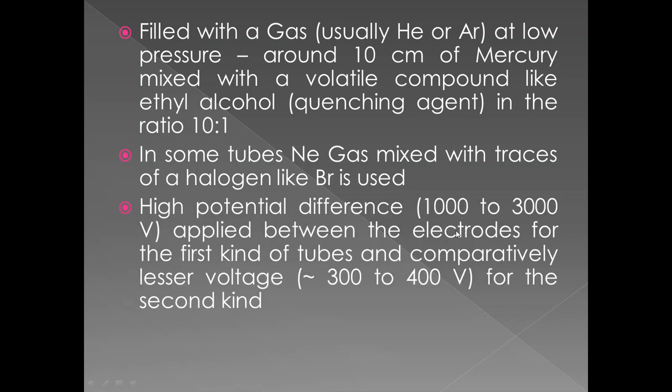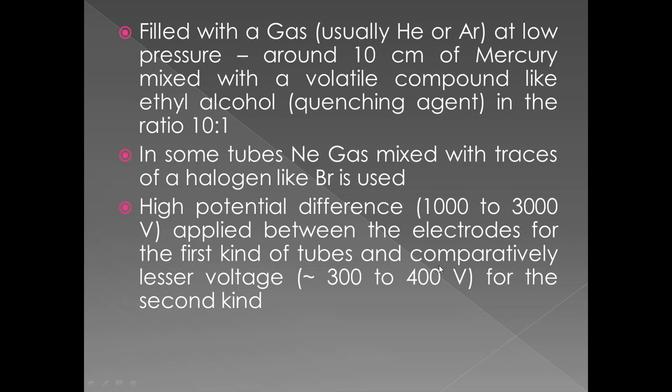A high potential difference of about 1000 to 3000 volt is applied between the electrodes for the first kind of tube, and a comparatively lesser voltage, 300 to 400 volt, for the second kind of tube. The first kind is the tube with the glass envelope, and the second kind is the end window.